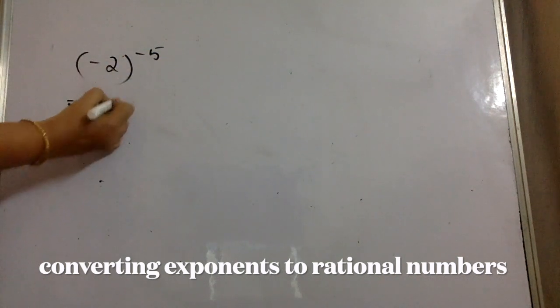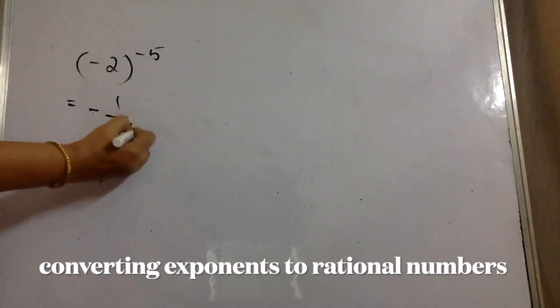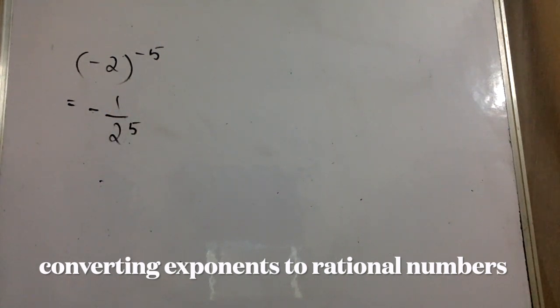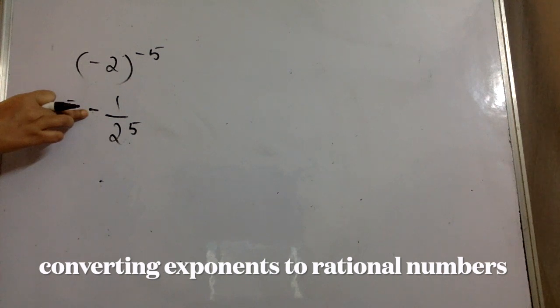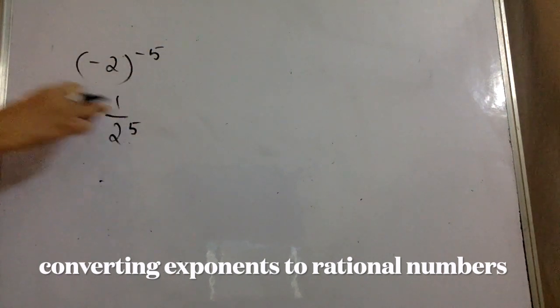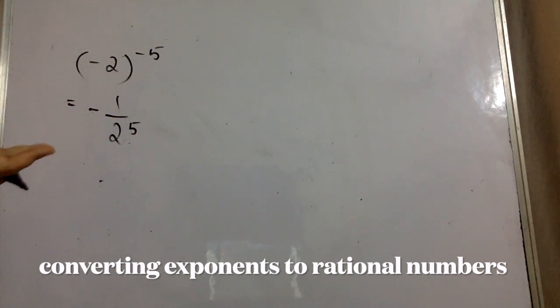So this is 1 by 2 to the power 5. That is, I brought the 2 down, minus remains as it is, don't touch it, and then this 5 comes down, it becomes 1 by 2 to the power 5. I have used the rule of exponents, that is a to the power minus m is equal to 1 by a to the power m.